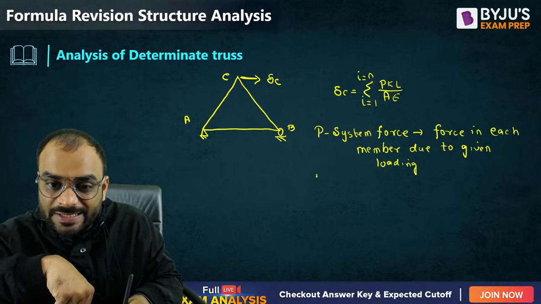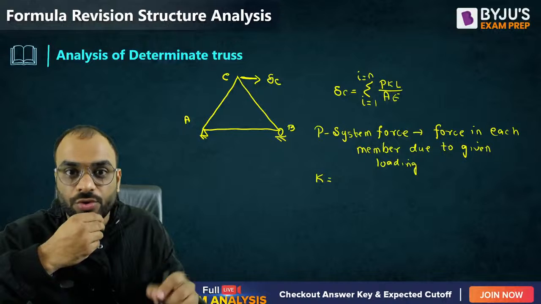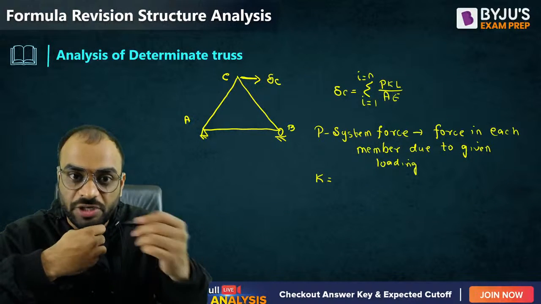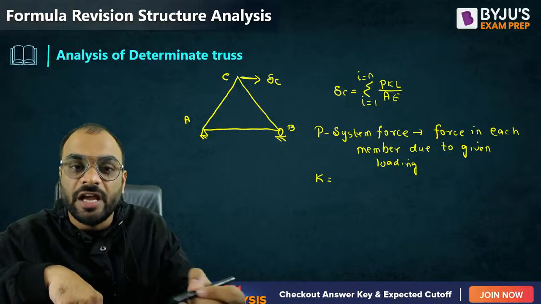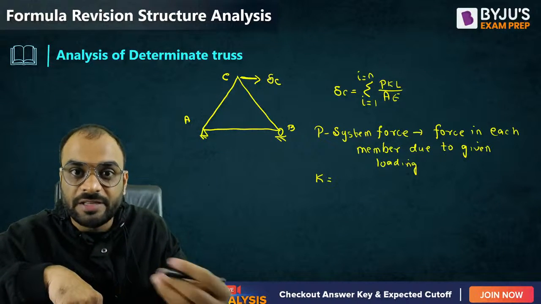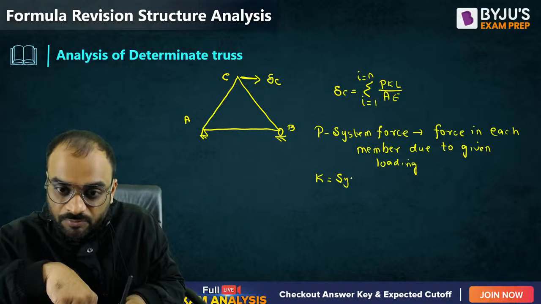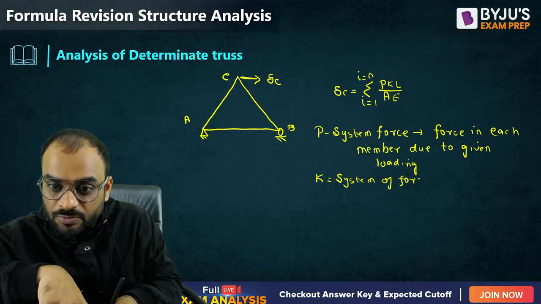Next one is what? K system of force. Now after removing the applied load, what you need to do guys, you need to apply the unit load at the same point where you want to find out the deflection and find out the force developed by that particular unit load. That is basically K system of force, right?